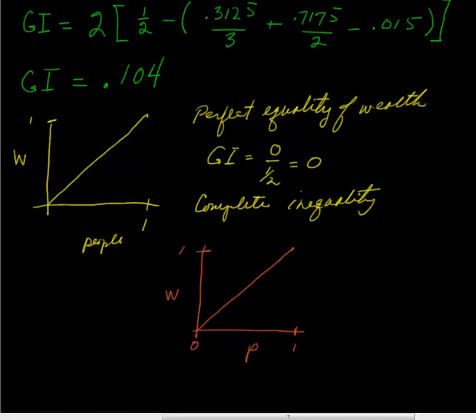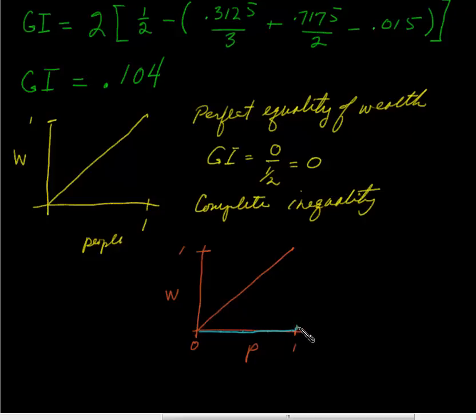Now, if in fact I had perfect inequality, then 50% of the people would control none of the wealth, 75% would control none of the wealth. So my Lorenz curve would look like this until it got over to the last 1%, and they would control all the wealth.